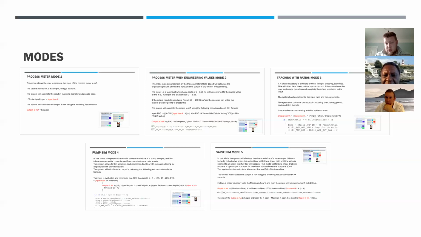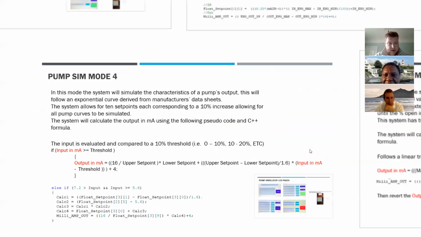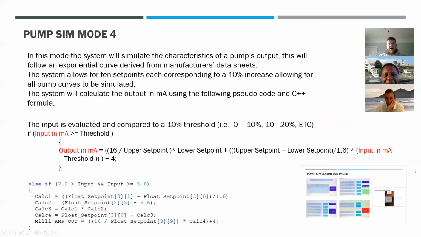I was going to say let's try mode 4 then in that case. Mode 4? Yeah. Pump curve mode. So this mode simulates the characteristics of the output. Mostly the pump curve follows an exponential curve. These are always derived from the data sheet. So this system has 2 set point pages, allowing the user to put 5 set points in each page.